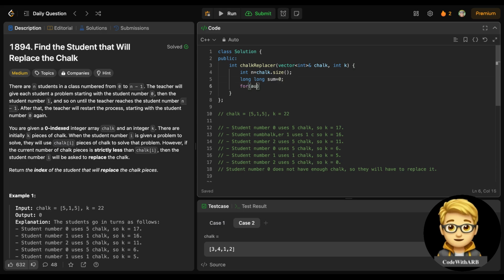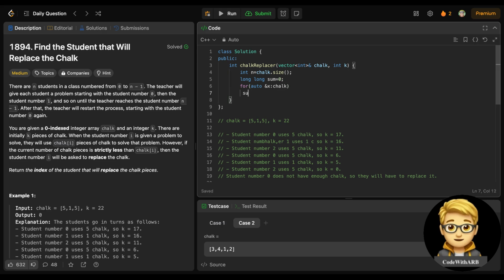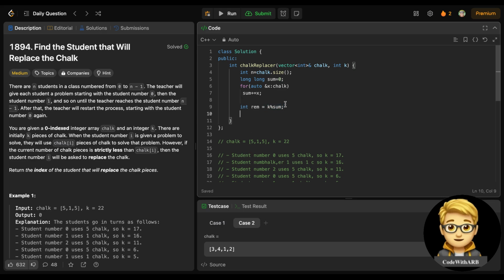We calculate the sum, sum plus x. Now we calculate the remaining number of chalks, which is rem equals k modulus sum. We don't need the count because it is not used; we just need the remainder.